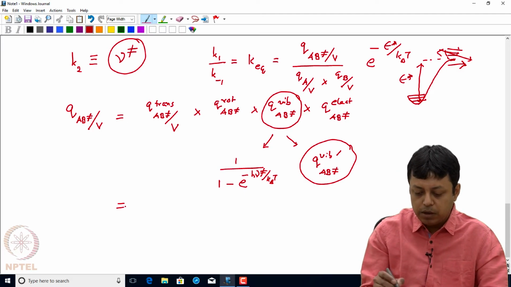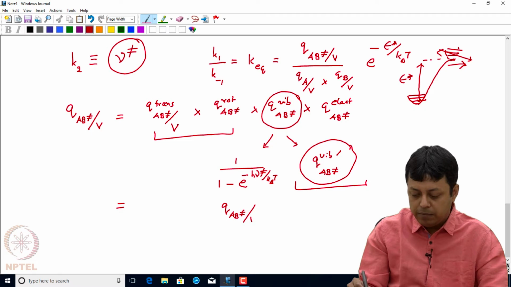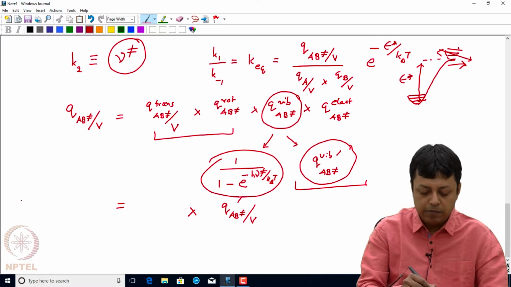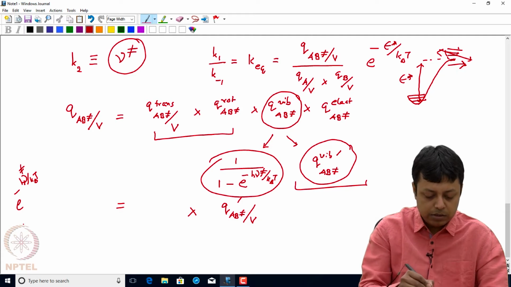Now what we are going to do, we are going to collect all these terms together and write the entire thing as Q AB dagger by V prime times this particular term which we separated out. Now this can be evaluated very easily. How? Because I have e to the power minus h nu by kBT, which we can expand as 1 minus h nu dagger by kBT.